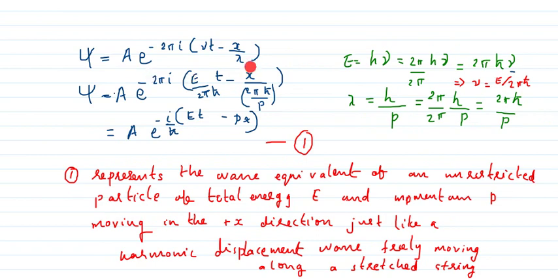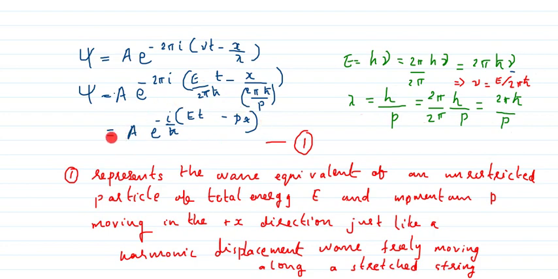Using the equation for energy and multiplying and dividing with 2 pi, you will have 2 pi h cut nu. So nu is equal to E by 2 pi h cut. Also from the de Broglie wavelength, we have h by p. Again multiplying and dividing with 2 pi, you have 2 pi h cut by p. Substitute the values of nu and lambda in the equation, so we will attain this one.